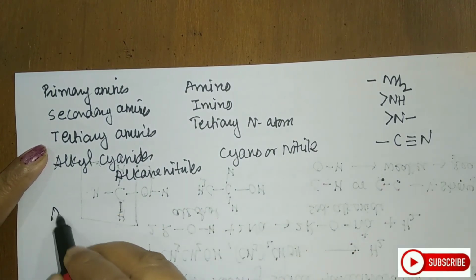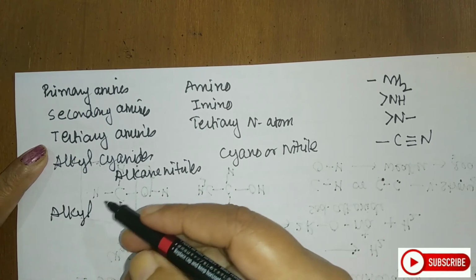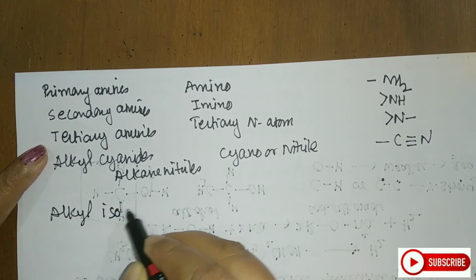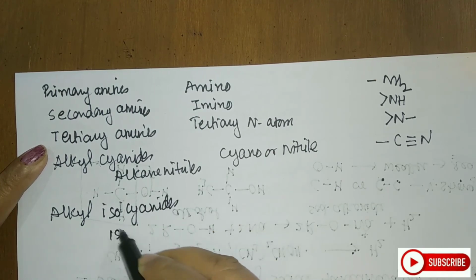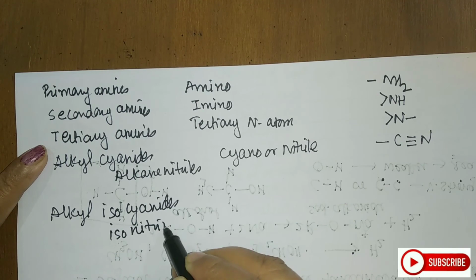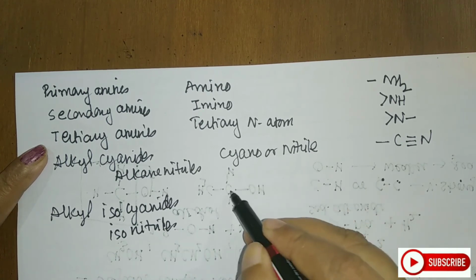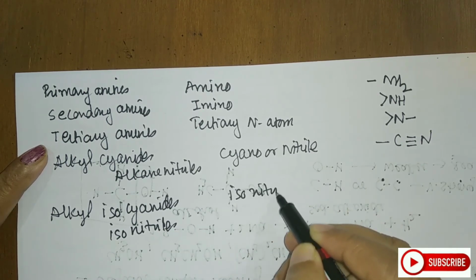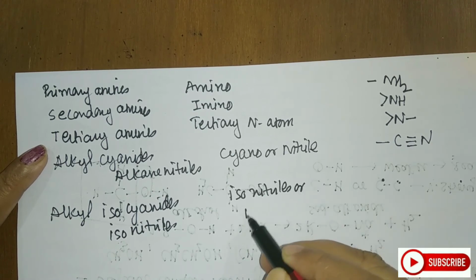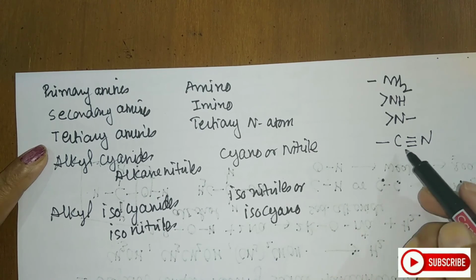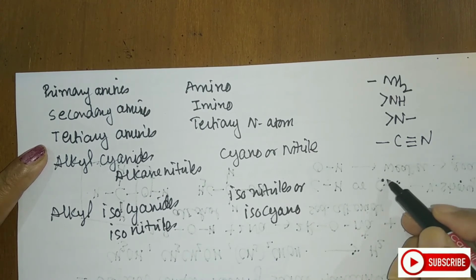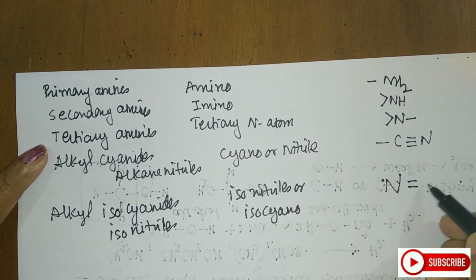Next is alkyl isocyanides, or they are also called isonitriles. So you call them isonitriles or isocyano groups. So here, instead of carbon to nitrogen, it will be a nitrogen to carbon bond in this way, and we show a coordinate bond in this way, students.